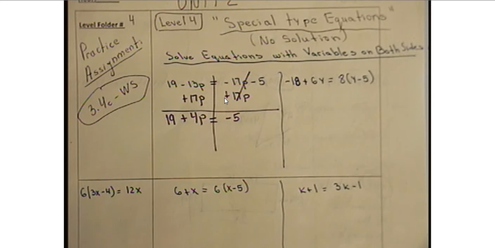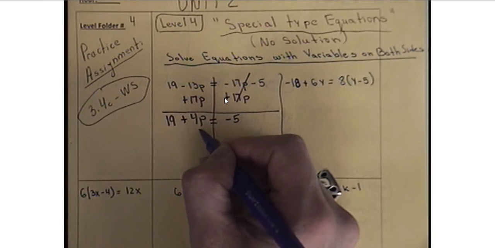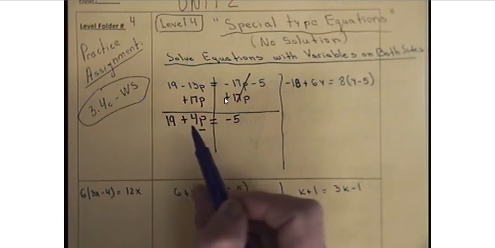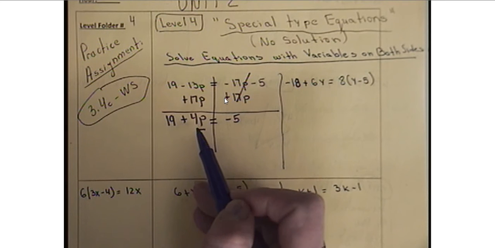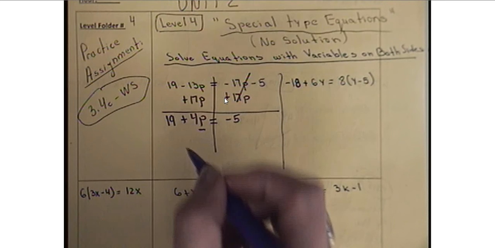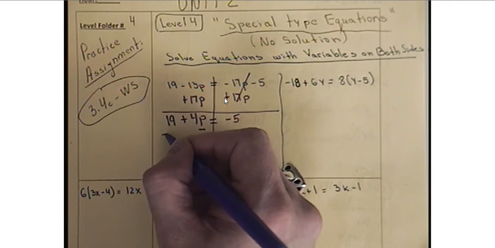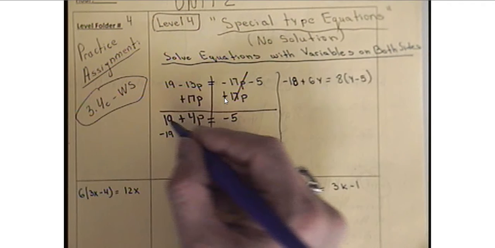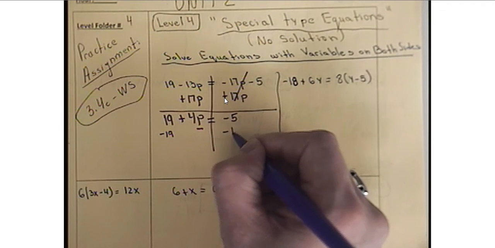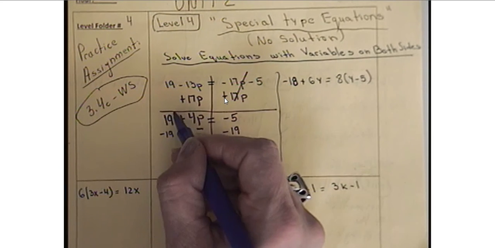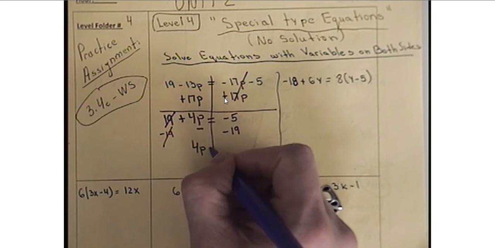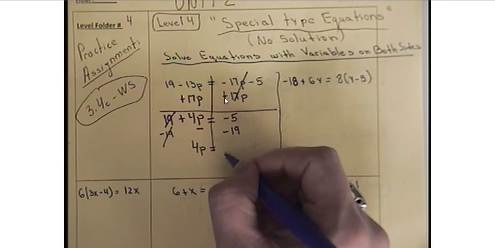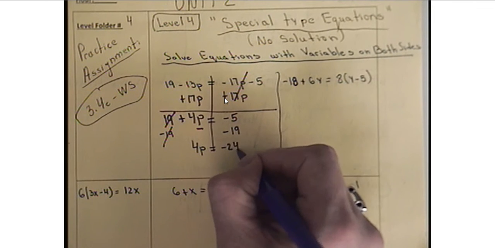Alright, so now we are solving for variable p, and you will cancel the number that is added or subtracted to the p term first. In this case it is the number 19, so we're going to subtract 19. This is positive, the opposite will be minus 19. Positive 19, negative 19 cancel, and we have 4p is equal to negative 5 minus 19, which is negative 24.